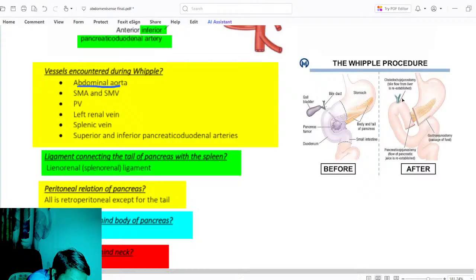They are anastomosing with the intestine and stomach. This part they are making a stitch. Here there will be a stitch.